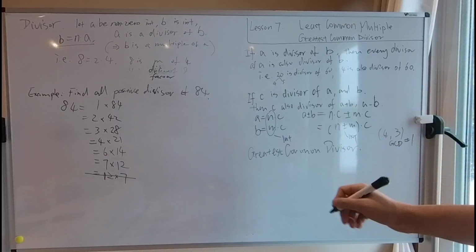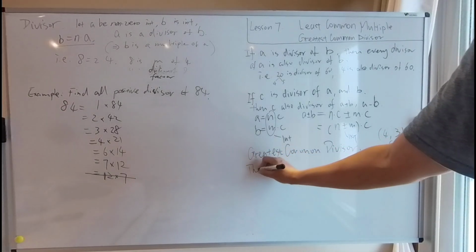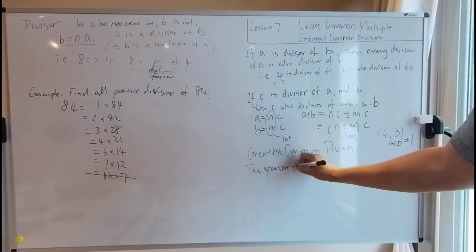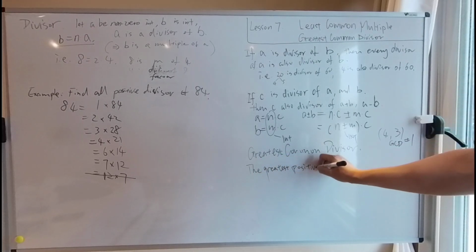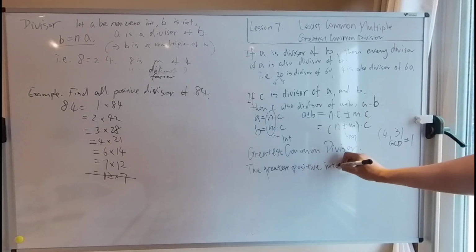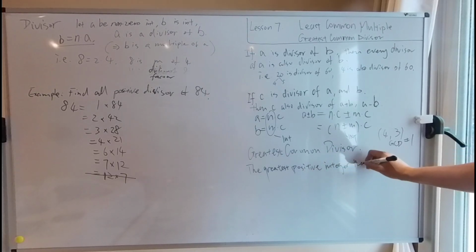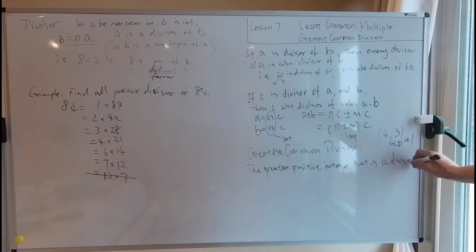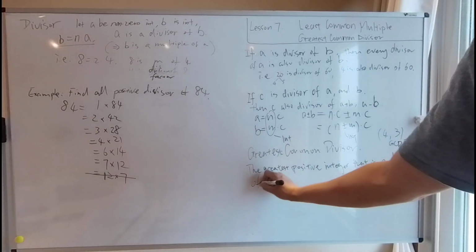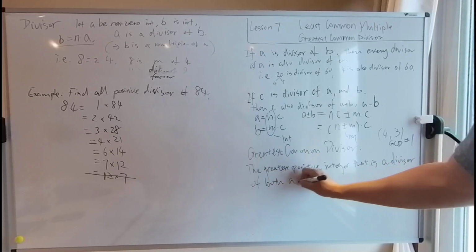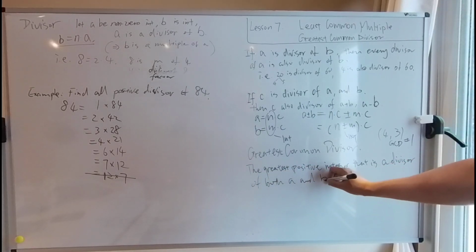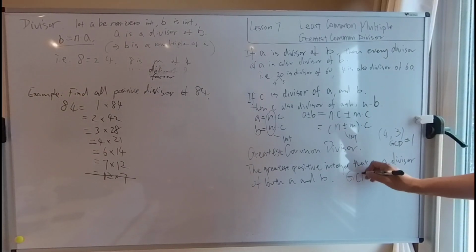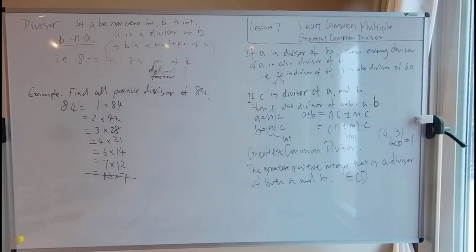So this is the greatest positive integer that is a divisor of both a and b. So it's called the greatest common divisor, GCD.